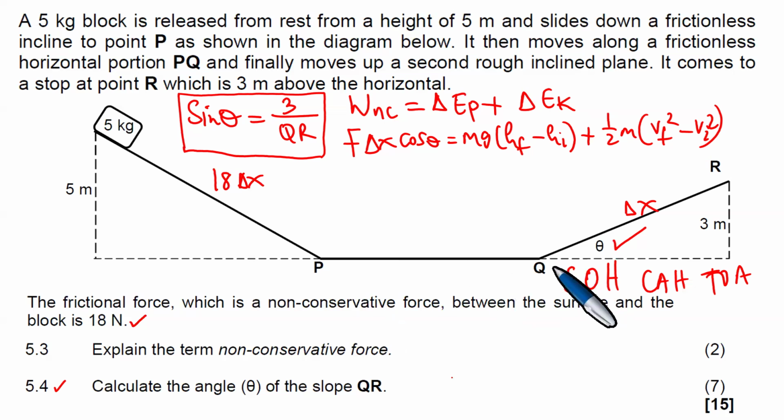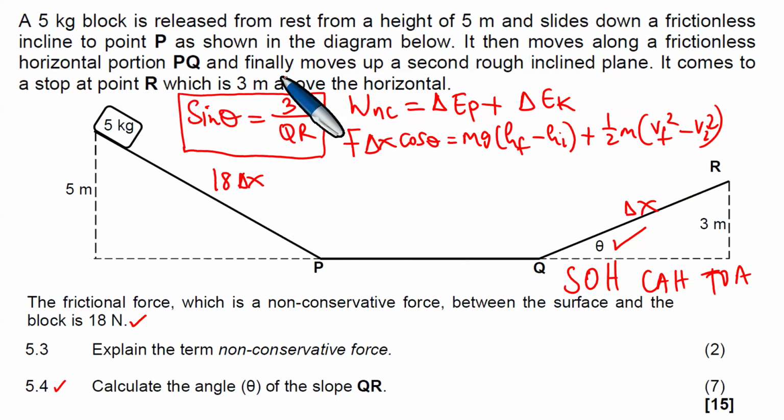But as it goes up QR, then it's actually experiencing the frictional force, which is a non-conservative force between the surface and the block, of 18 newtons. But now it moves along a frictionless horizontal portion, PQ.